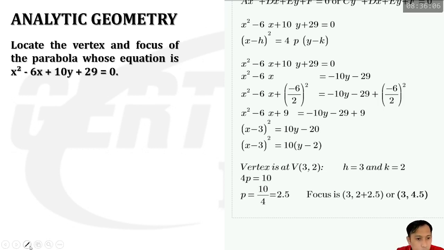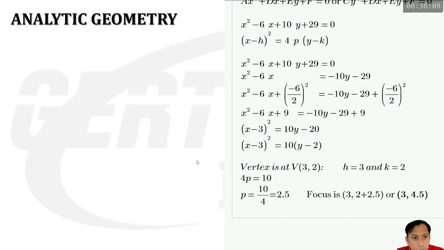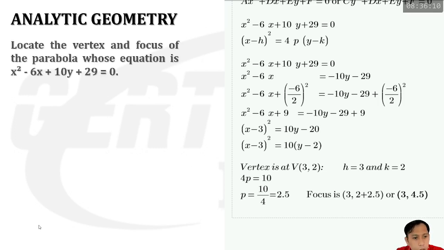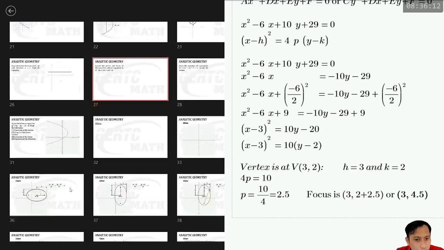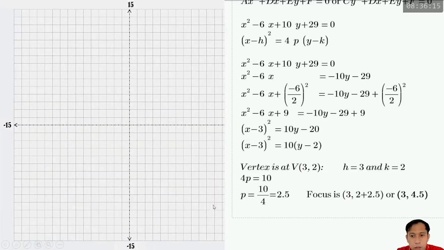Okay, let me try to graph it. It's a parabola that opens, where does it open again? Upward. Its vertex is 3, 2.